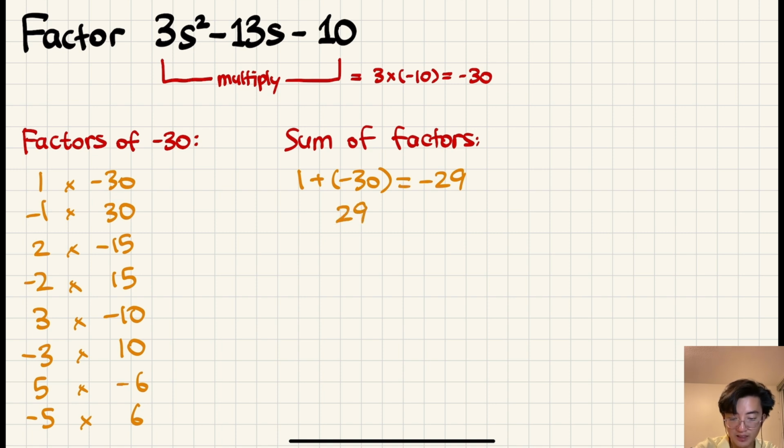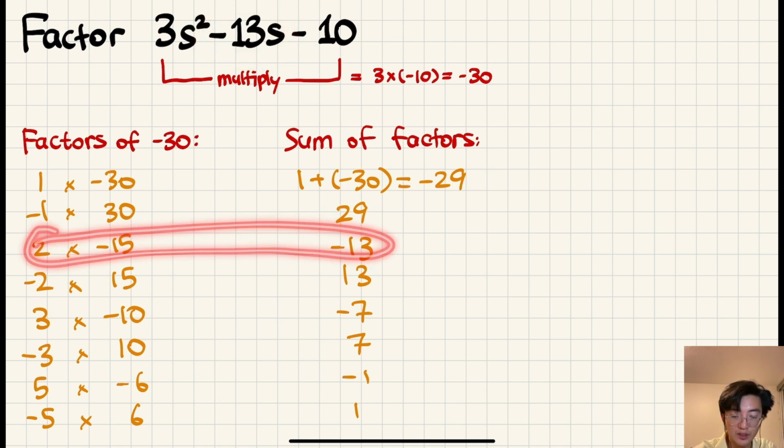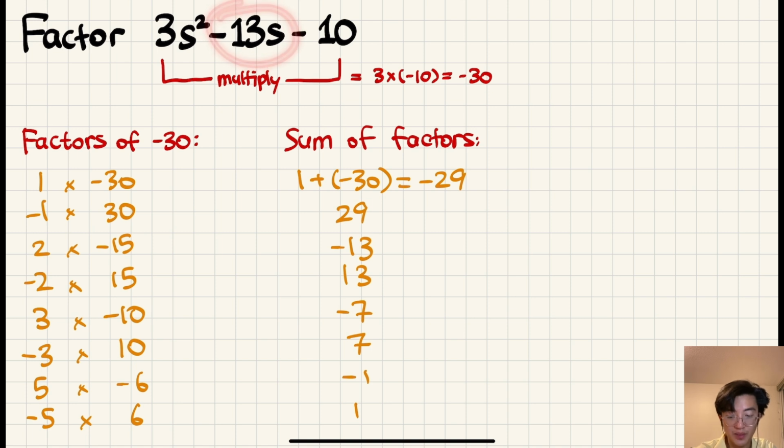Okay, then we go down the list. So 2 minus 15 is negative 13. Positive 13, negative 7, positive 7, negative 1, positive 1. And we notice that in the end, we want one of the factor pairs to correspond to the middle term.